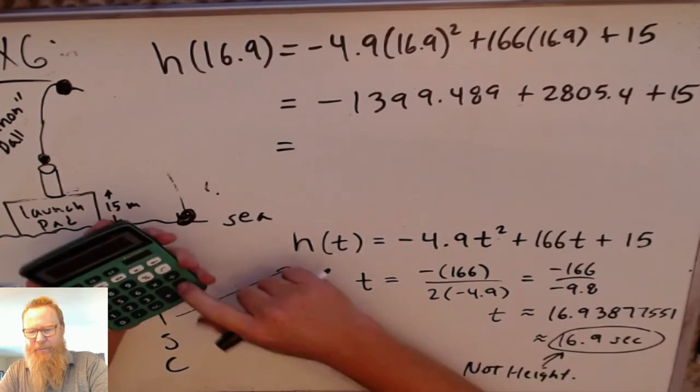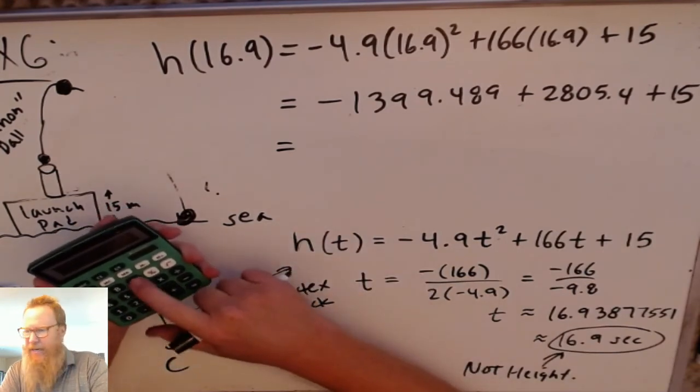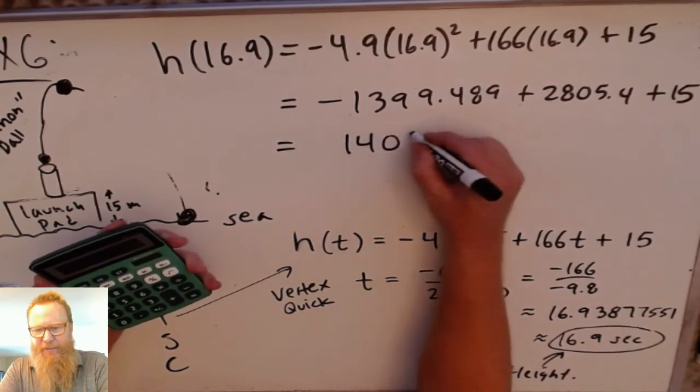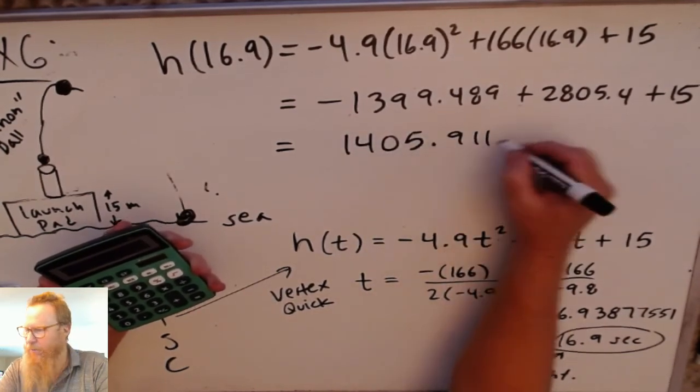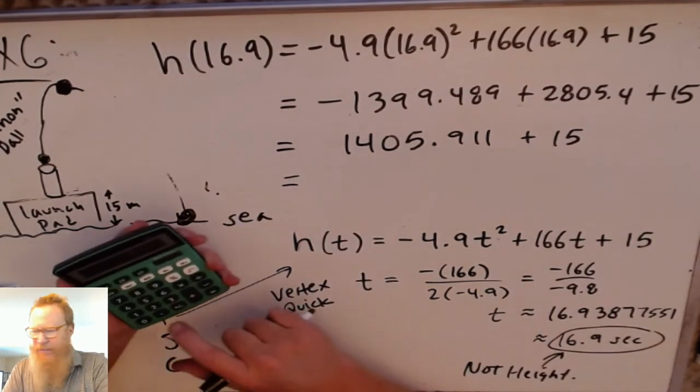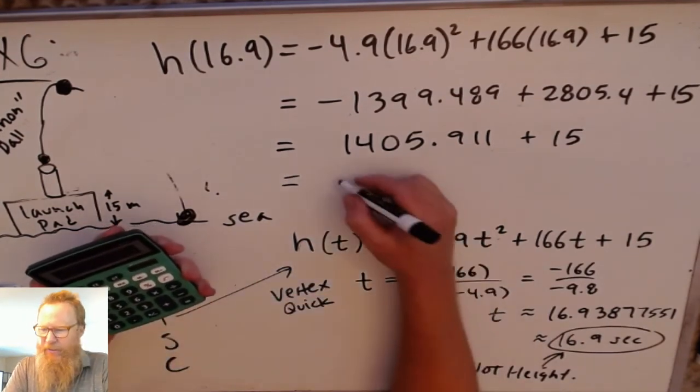Now I'm going to subtract 1399.489. I get 1405.911. I wouldn't be surprised if I've made a mistake because I'm going so fast.